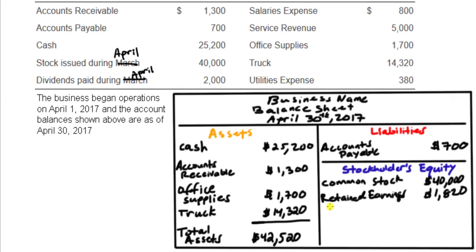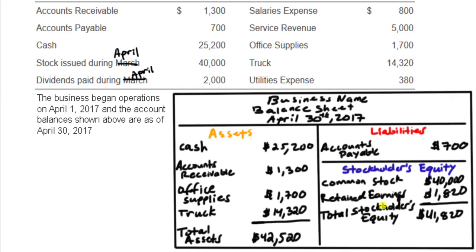Okay, so this third line here is total stockholders' equity. Okay, 40,000 plus 1,820 is equal to 41,820.